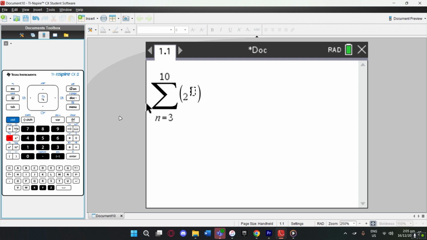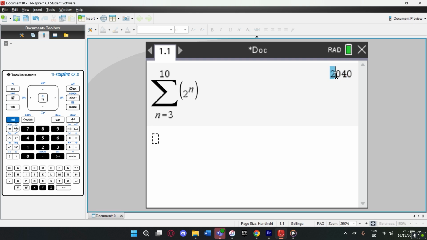I press enter and I'll get 2040. Take note, if the question asks you to compute in the exact form, meaning with square roots and everything, the GDC will give you a decimal, and that will not be correct. So if the question asks you to find an exact form, you cannot use the GDC for it.